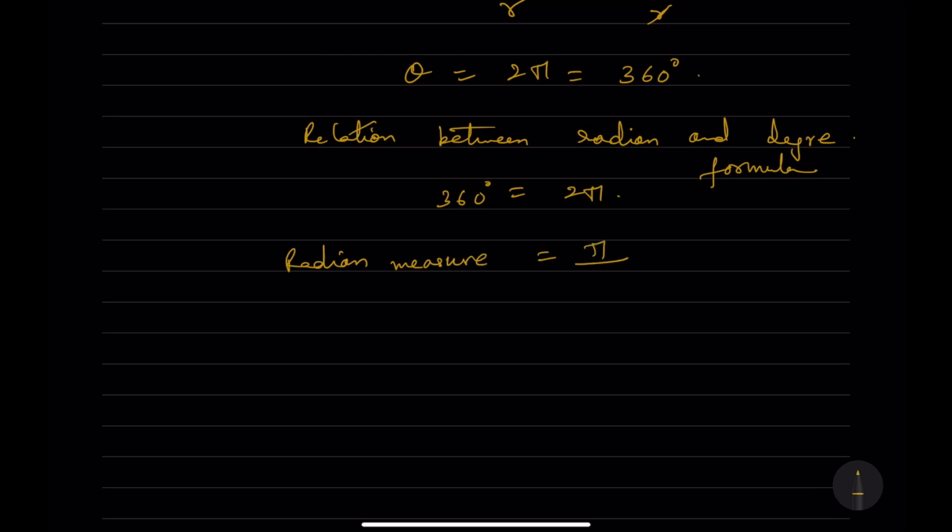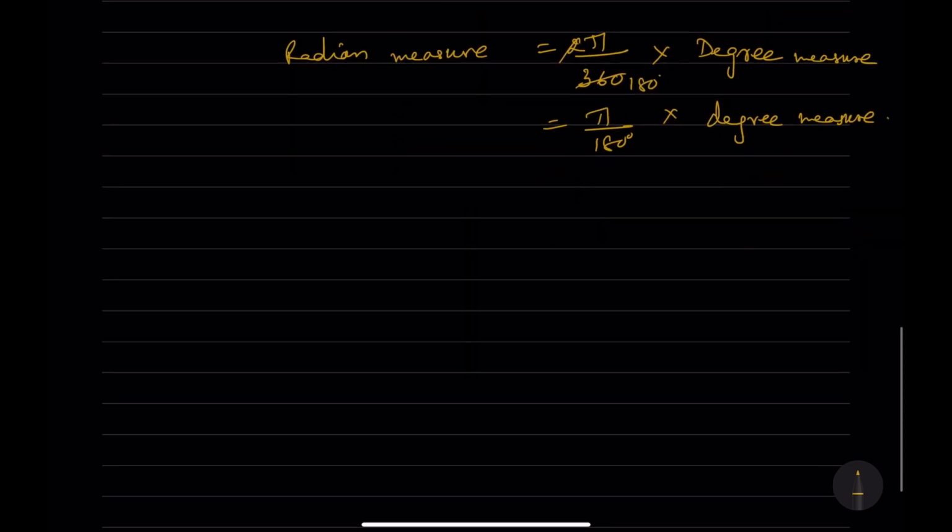Radian measure is equal to 2 pi by 360 into degree measure, which is pi by 180 into degree measure. Or we have degree measure is equal to 180 by pi into radian measure.